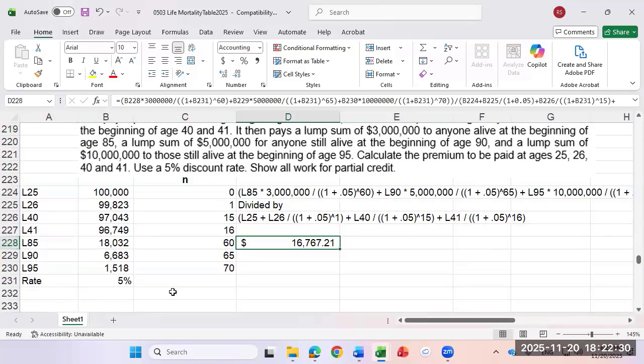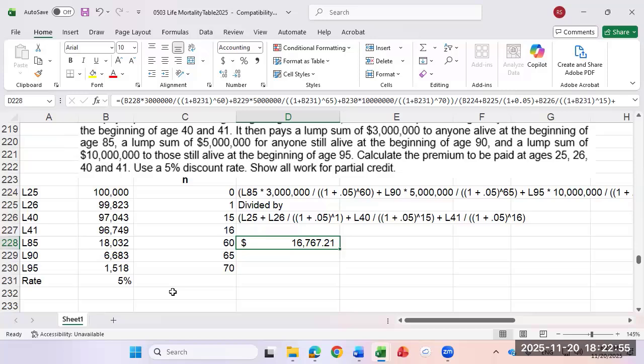We'll see when we talk about the product I want to offer. It doesn't quite look like this, but with a very, very small premium, you can pay people a lot of money if you go out far enough in the mortality table. I wish the life insurance company would sell products like this, because people who are worried about running out of money at age 90 might like it if $5 million shows up at age 90.